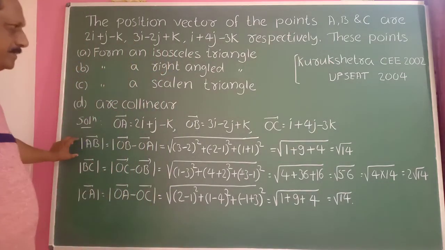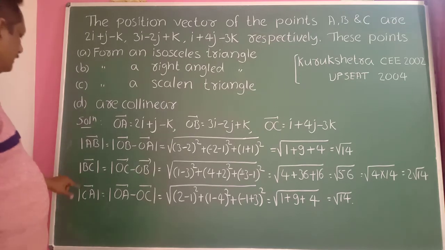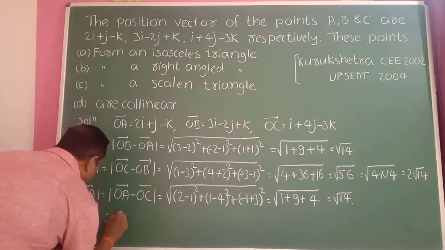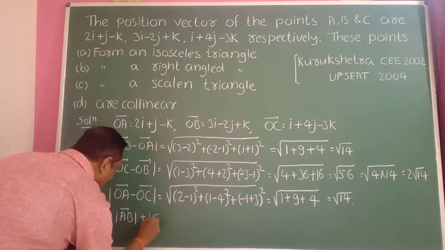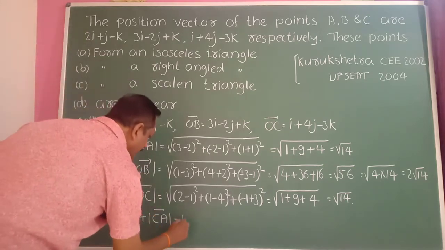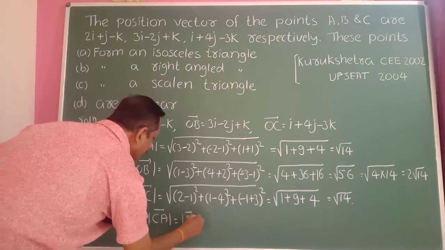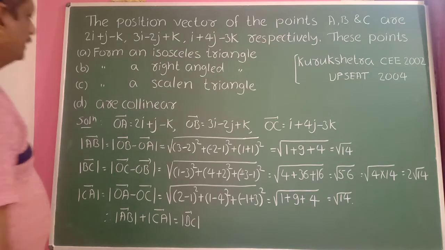Here modulus of AB is root 14, modulus of CA is root 14. Sum of these two is BC. Hence modulus of AB plus modulus of CA is equal to modulus of BC. Therefore, the points A, B, C are collinear.